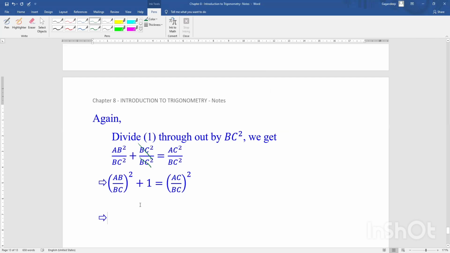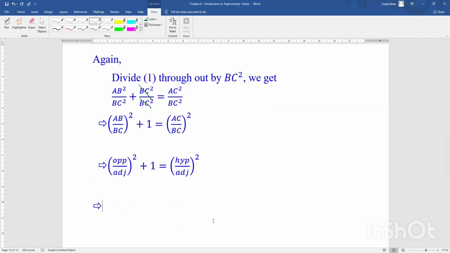So let us replace that: opposite by adjacent the whole square plus 1 equals AC by BC, that is hypotenuse by adjacent the whole square.